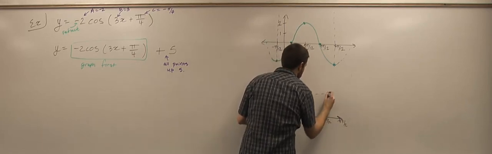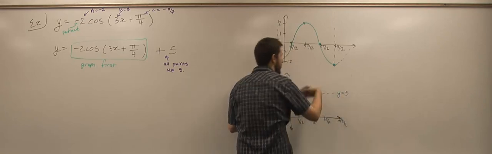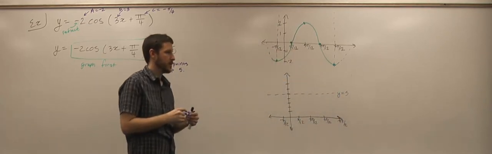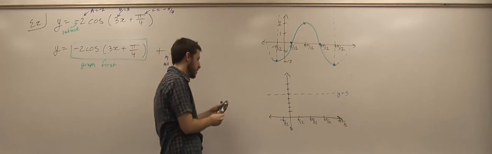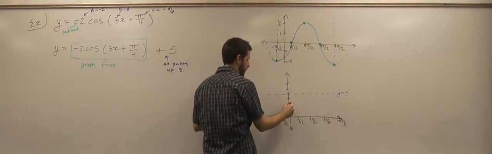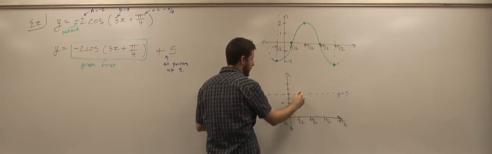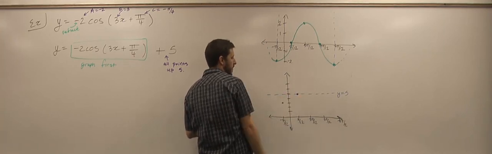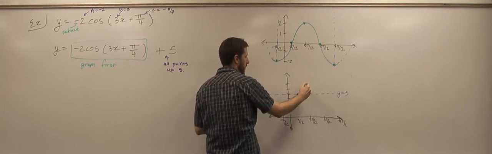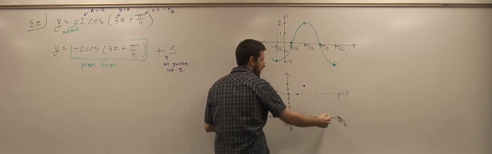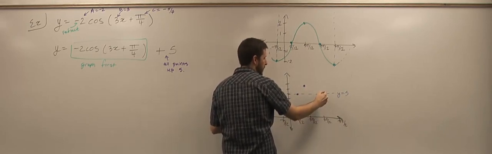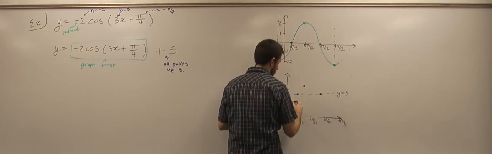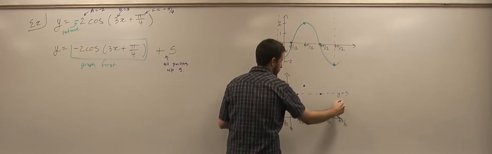Imagine this y equals 5 line as the line that you oscillate around. And then you go down 2 and up 2 from this guy. So down to 3, like we said, then up to a 0. A 0 means you hit the y equals 5 line. Then up to a maximum. Down to a 0, which means you hit the y equals 5 line. And then down to a minimum, which means you hit y equals 3.